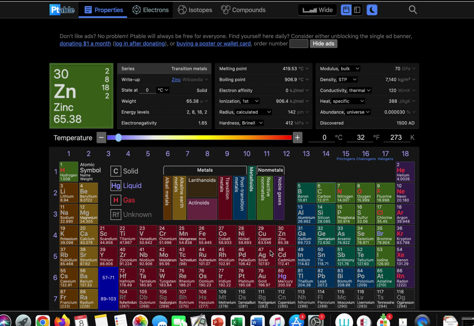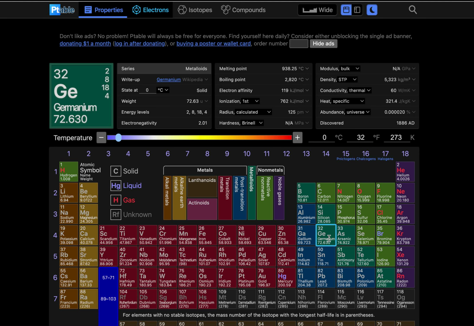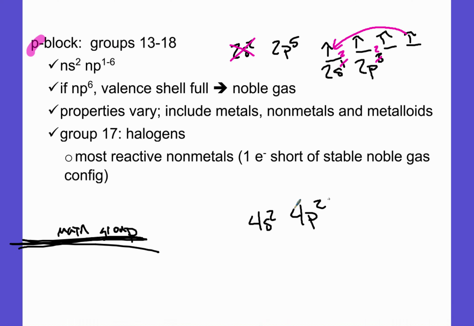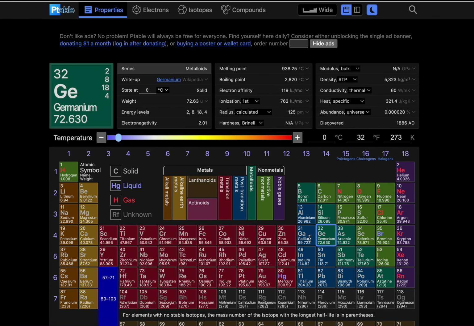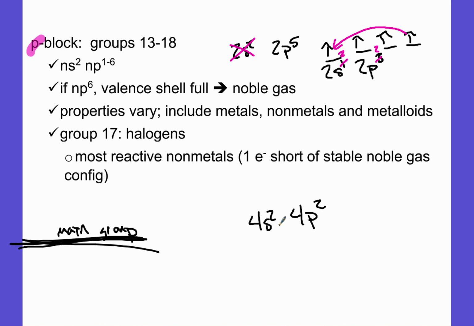And if it's 4p2, then it's probably going to be germanium here, right? There's no real other option for it. But if it's 4s1, 4p2, then I actually would be talking about gallium, right? But gallium doesn't necessarily do that. I could only do that if it's a special case like carbon was. So again, be able to identify elements easily and go find them based on that label that I give them.